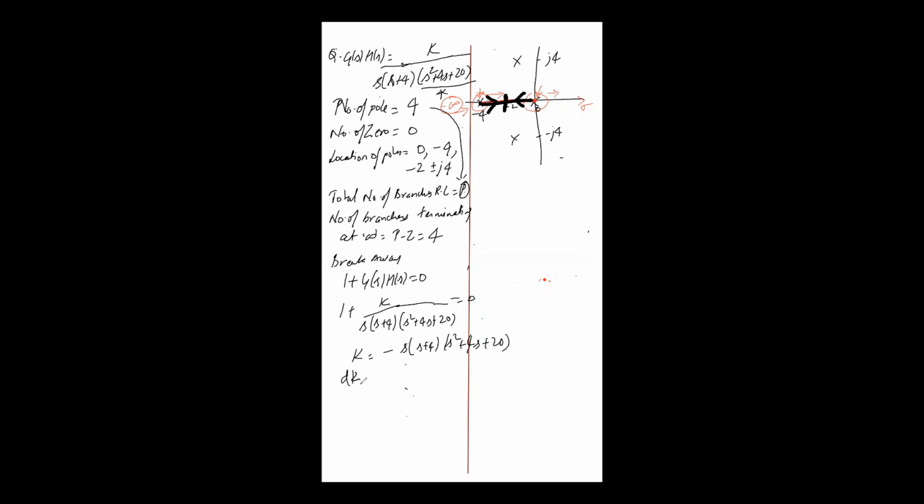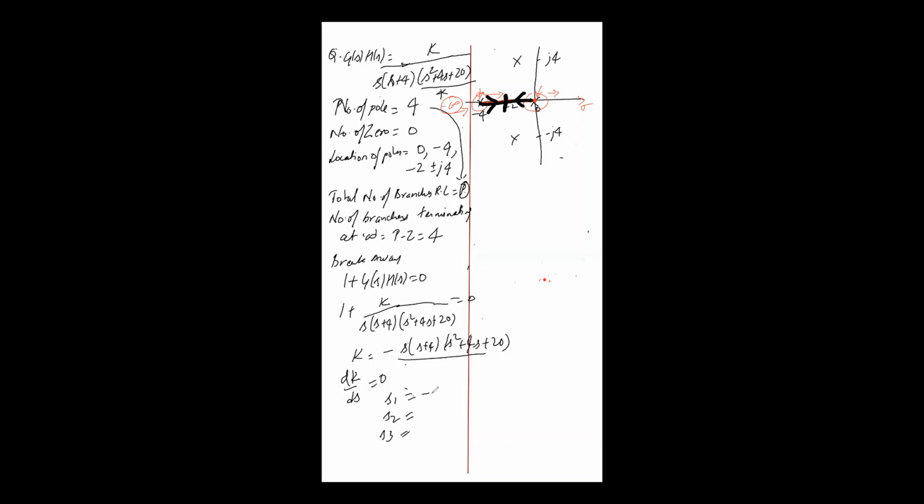Now what you need to do is differentiate this and equate it to 0. Currently the order is 4, and if you differentiate it, the order will be 3. So there will be 3 roots, S1, S2 and S3. You will find 3 roots. What are those? You can see directly.